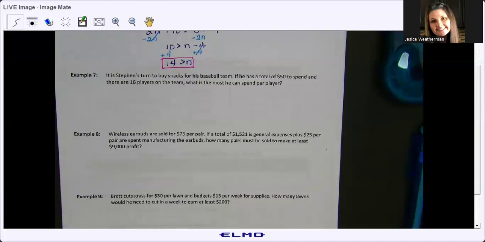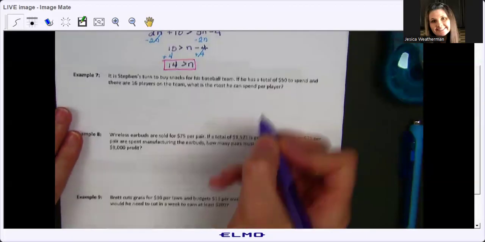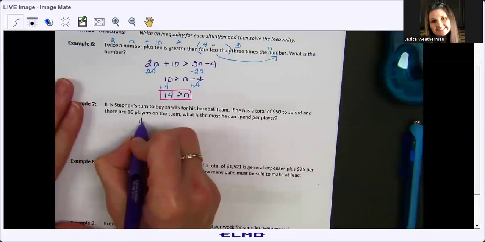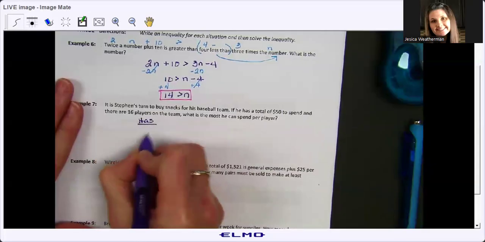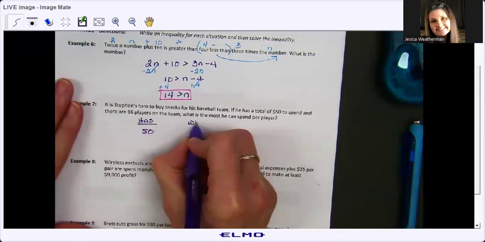So he has a total of $50. Can he spend more than $50? No. So here is what he has: 50. This is what he can spend.